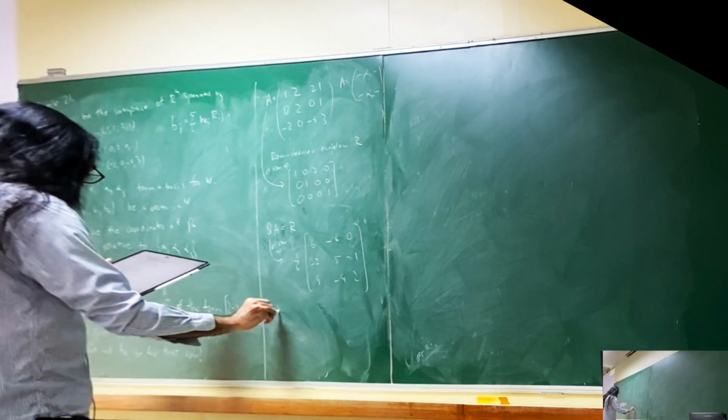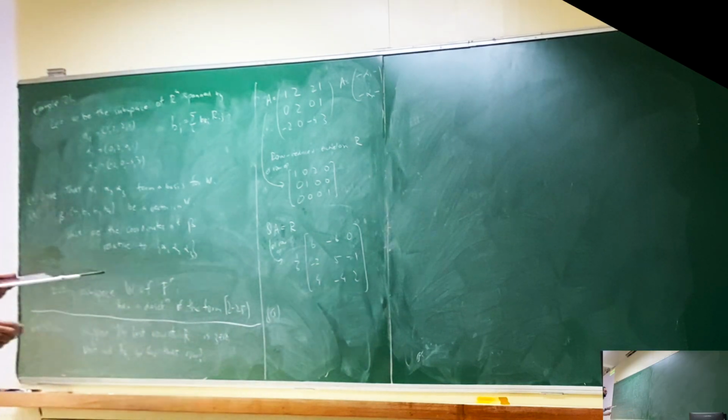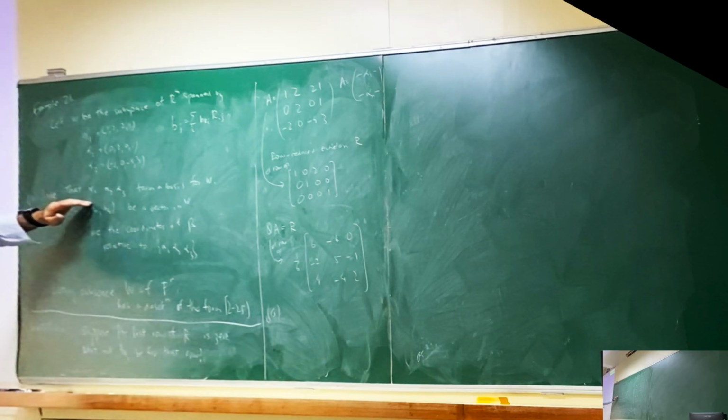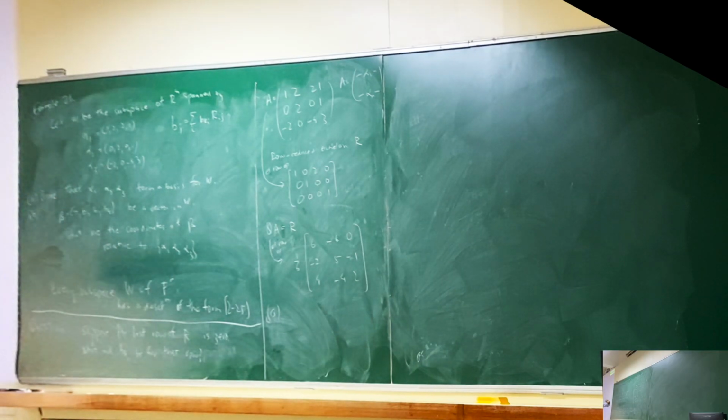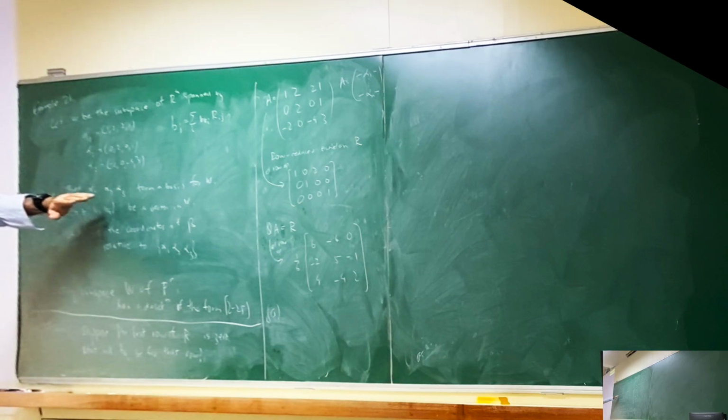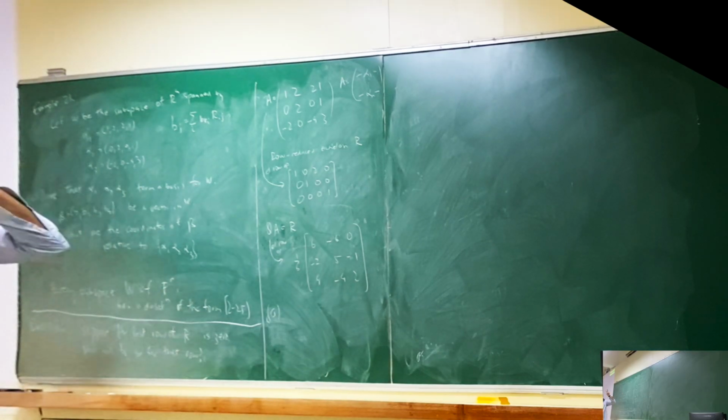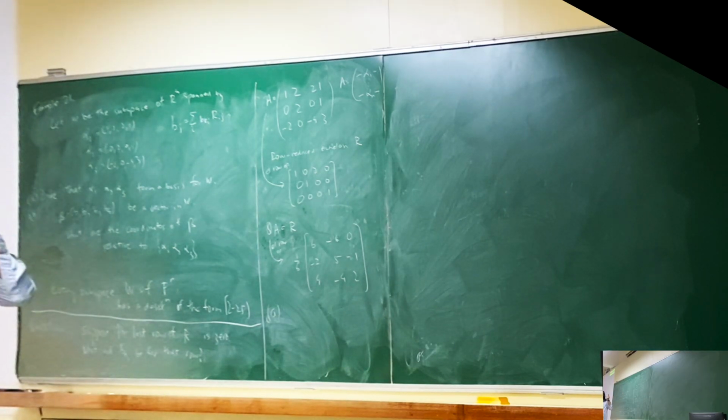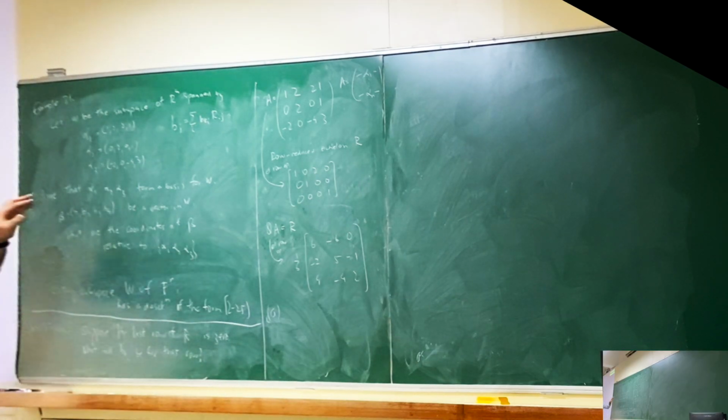So let's see. Okay. So part A says what? So part A is asking, we have to prove they form a basis. Whenever we have to show something is a basis, there are two things we have to check. We have to check that it spans the space, and we have to check that it's linearly independent. The first part is true just by definition, because it is the span.